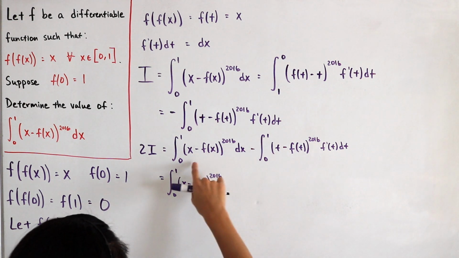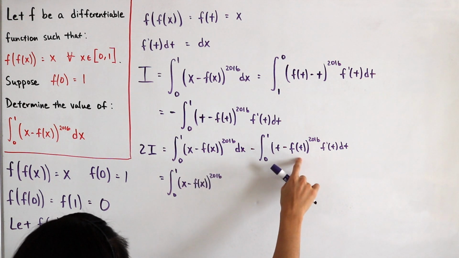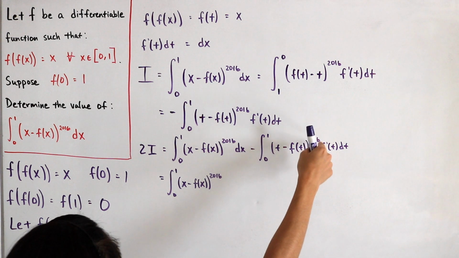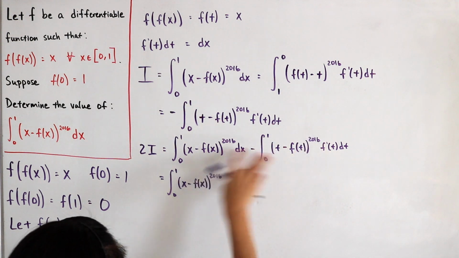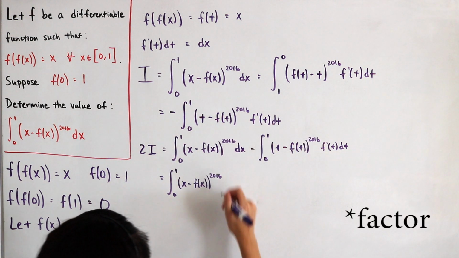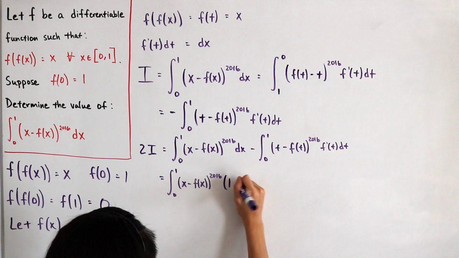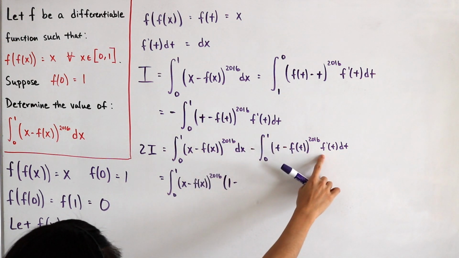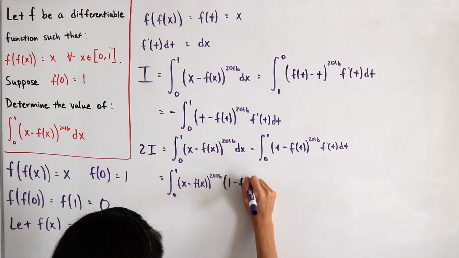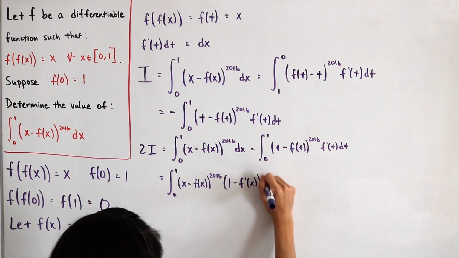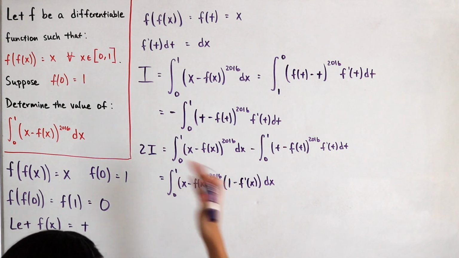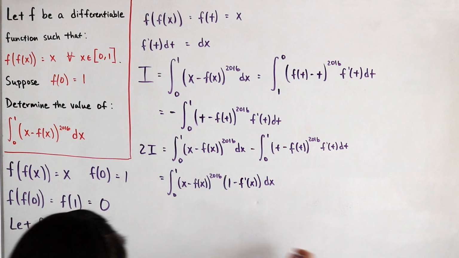So I can factor out, in this case, for example, x minus f of x to the 2016 power, they both share the same term, so I can actually distribute that out. So this will just be multiplied with 1, and then minus distribute with over here, so this will be f prime of x right over here. Then dx. Now calculating this integral is very simple. We can actually just do the u-substitution over here.